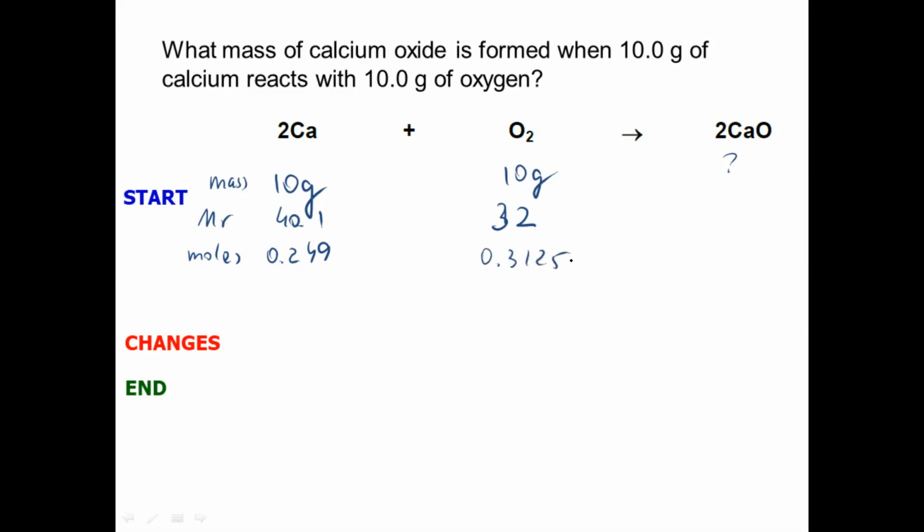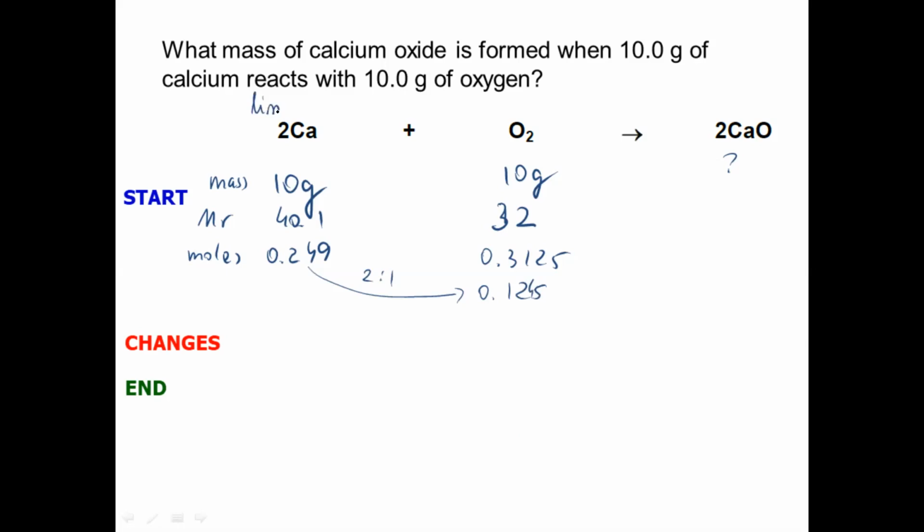Now the ratio is 2 to 1, right? If I had 0.249 moles of calcium, because the ratio is 2 to 1, I would have to halve it, and I would need 0.1245 of oxygen reacting. So I definitely have more than enough oxygen.